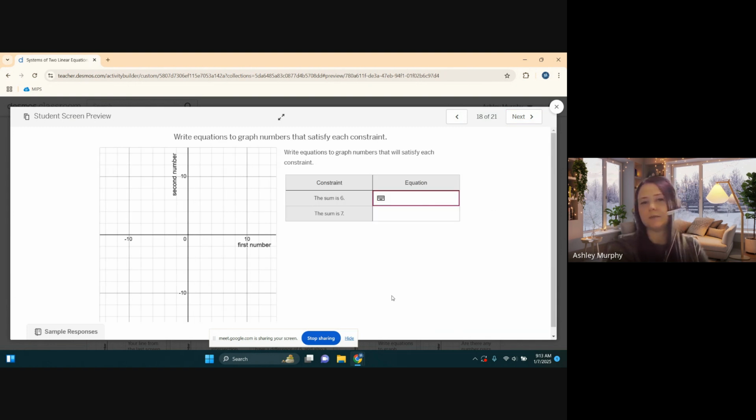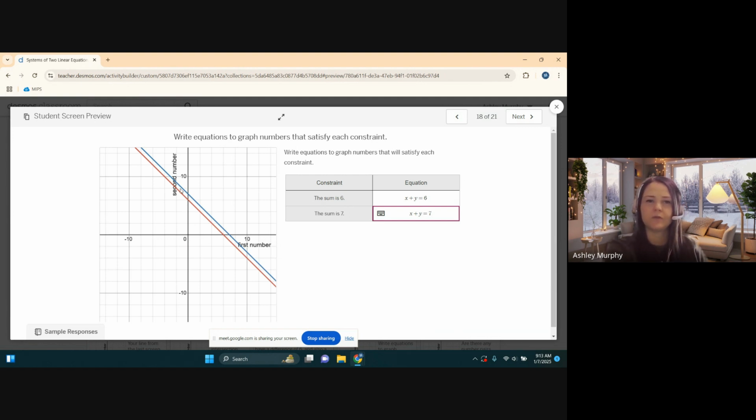This time they add to be 6. They also add to be 7. So these both say sum. So they add to be 6. There's that line. And they also add, oops, to be 7. Okay, unique situation here. There's no intersection point. These lines are parallel.